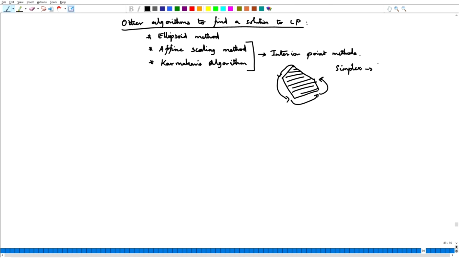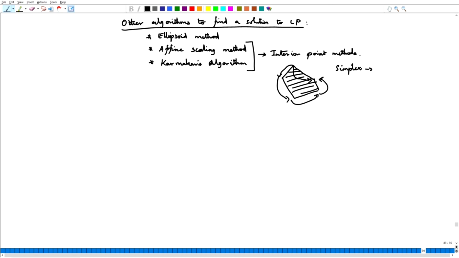It traverses the boundary points, in fact vertices to be even more precise, but it travels on the boundary, it never goes to the interior. You will never see the iterates of the simplex method going like this.